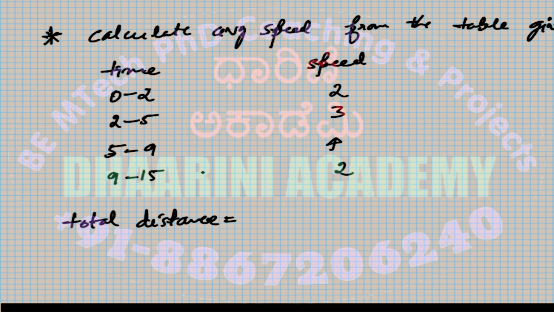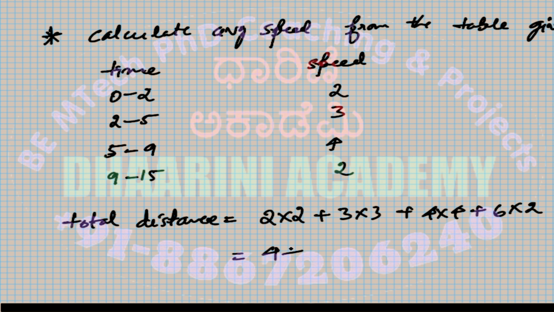Total distance is equal to 0 to 2: 2 seconds into 2, plus next 2 to 5, that is 3 seconds into 3. Then 5 to 9, 4 seconds into 4, plus 9 to 15, that is 6 seconds with the speed of 2. So this is 4 plus 9 plus 16 plus 12. That is, I think, 41, right? So this is 41 meters.